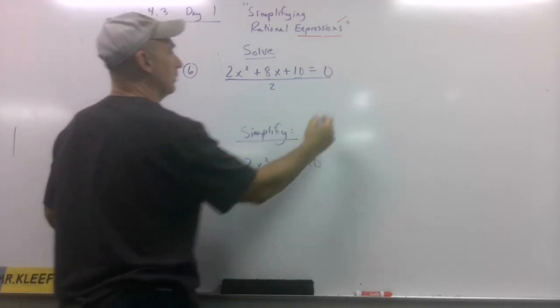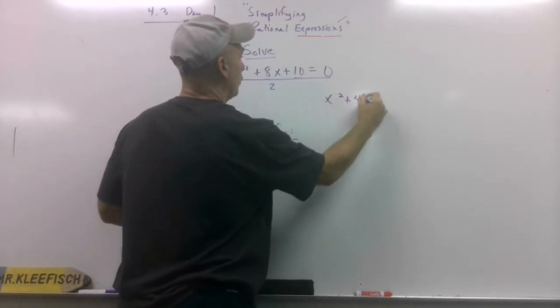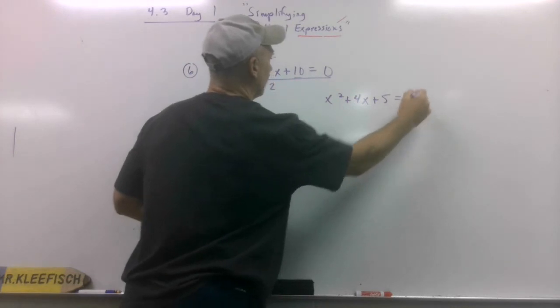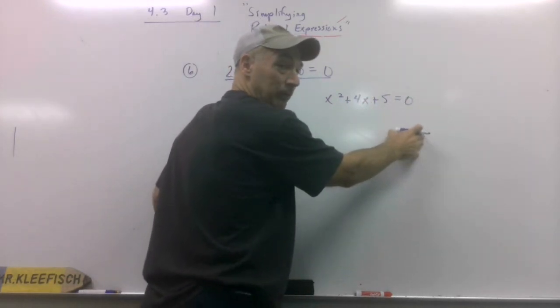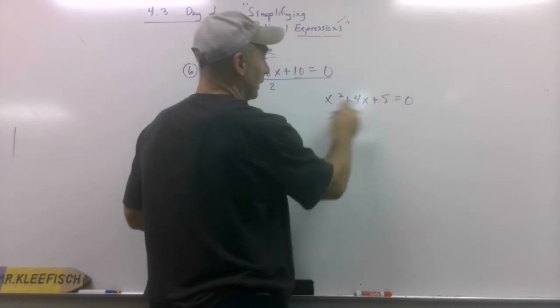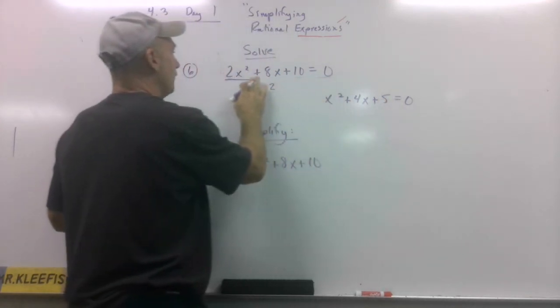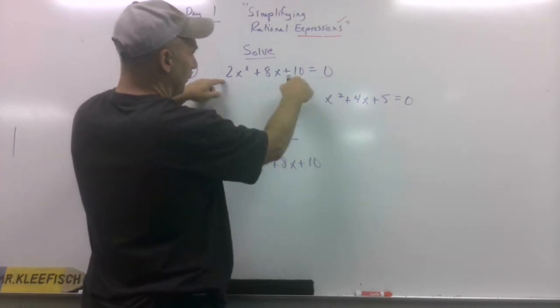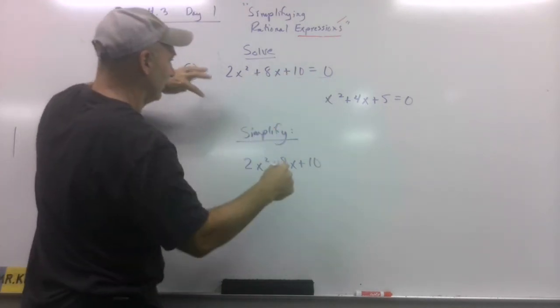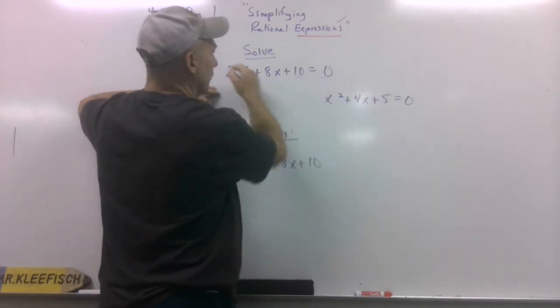You can divide that all by 2. You get x squared plus 4x plus 5 equals 0. When you plug this into the quadratic formula, you're going to get an answer. Or if you factor, you're going to get an answer. Now, if I didn't divide by 2, and I plugged all this into the quadratic formula, I'm going to get the same thing as I get here. This is just going to be more work.